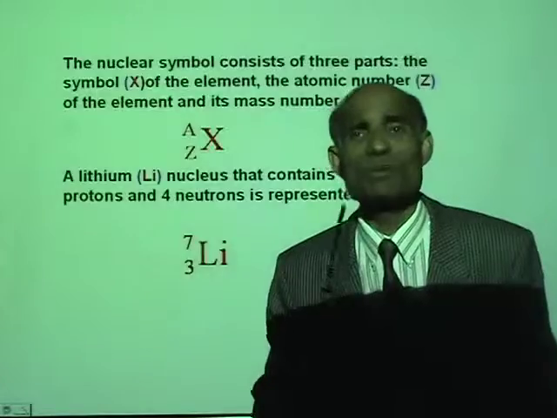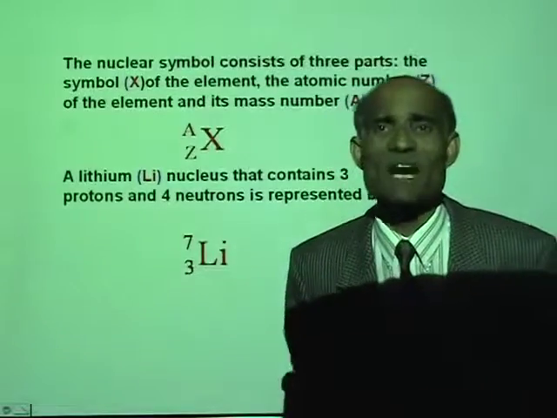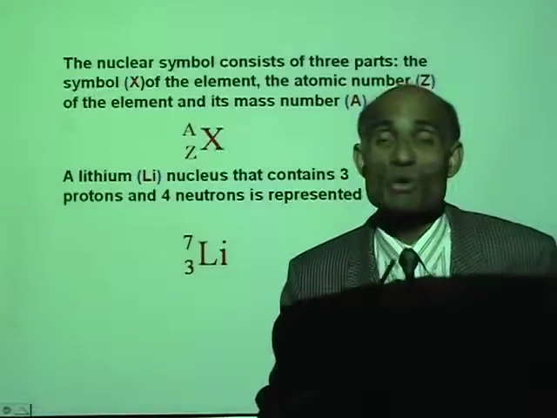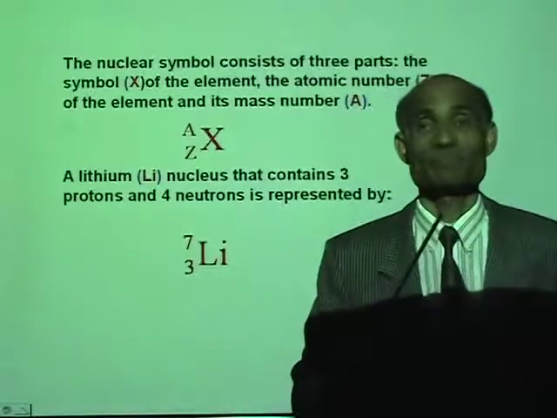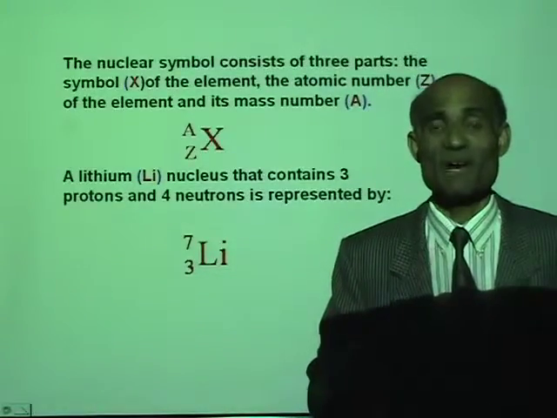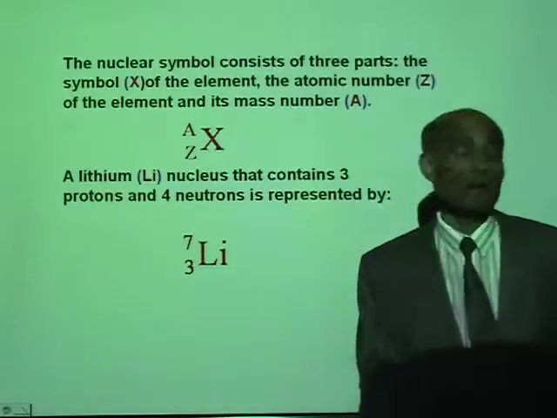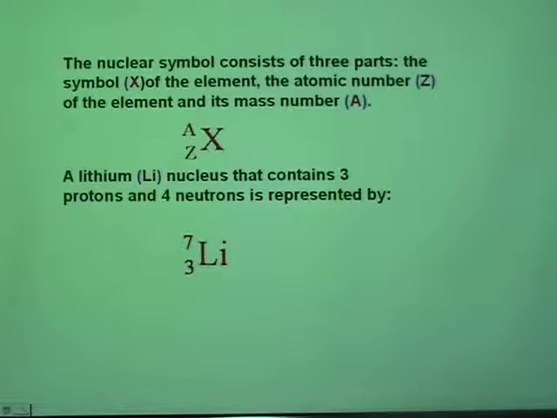Can you now write on one of the papers in front of you the symbol for hydrogen? How do we represent hydrogen? Alright, have you written? The atomic number is 1, mass number is 1.